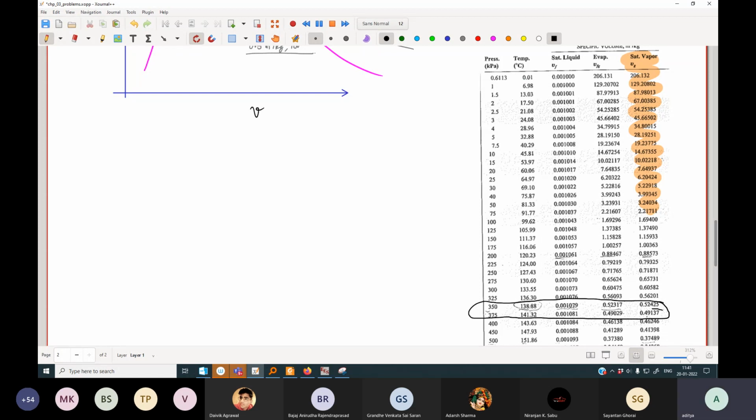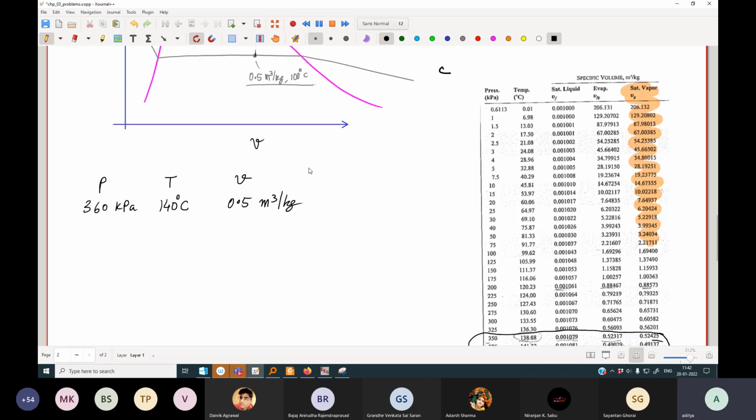It is somewhere between 350 kilopascal and 375 kilopascal. So I will write down pressure 350. I mean, let's just take a ballpark of 360 kilopascal. The corresponding saturation temperature will be between 138.88 and 141. So let's take it as 140 degrees Celsius. Okay. So corresponding to this, the saturated vapor specific volume is something close to 0.5 meter cube per kg.